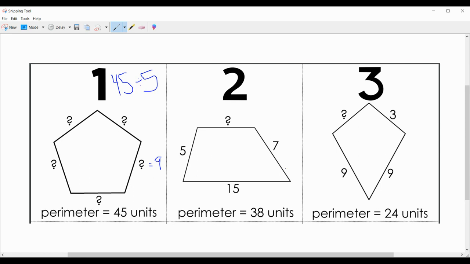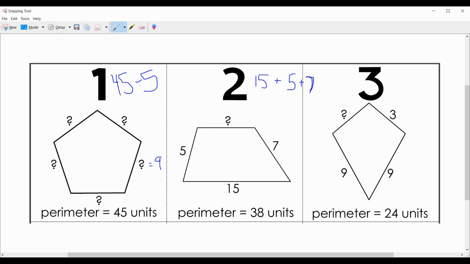This one is different. All the sides here are different. Now we have 3 sides and we're missing 1 side. So this is kind of easy to solve because we have our perimeter. We know it's 38, but we have 3 sides, and so we need to find out how much of the sides we already have. So let's do some quick math here. Let's do 15 plus 5, which equals, and then we're going to add that other side in there of 7.